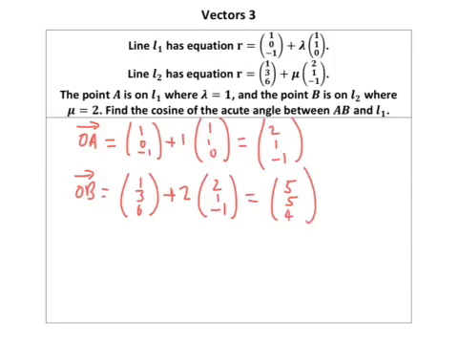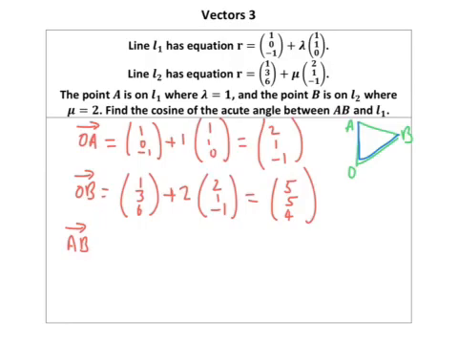Okay, so there's OB and OA, and AB is going to be, like we did before, if O's there and A's there, if I'm going from A to B, I need to go minus A plus B, don't I?